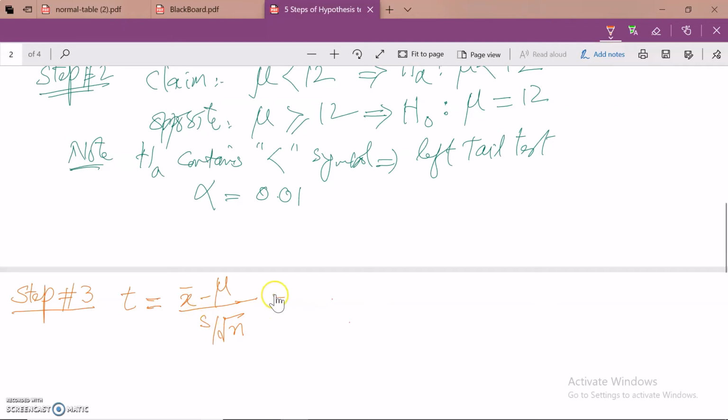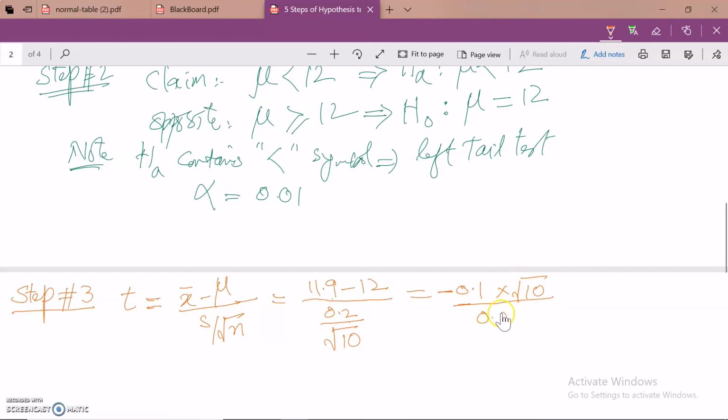So now we plug in the values here. We have all the values available. It's 11.9 minus 12 divided by 0.2 over the square root of the sample size. Now we simplify this. 11.9 minus 12 is minus 0.1, and now I write this in a simplified way. Keep it, change it, flip it to make our life easy.